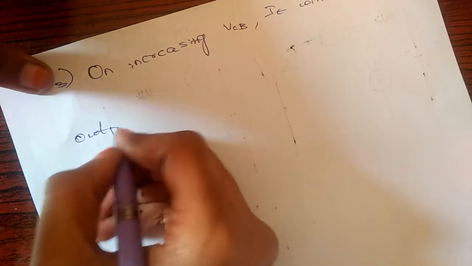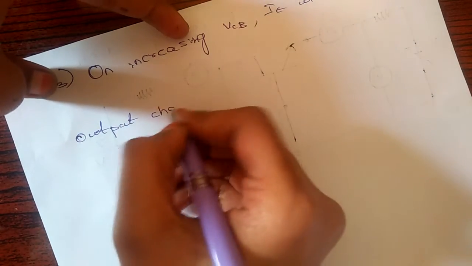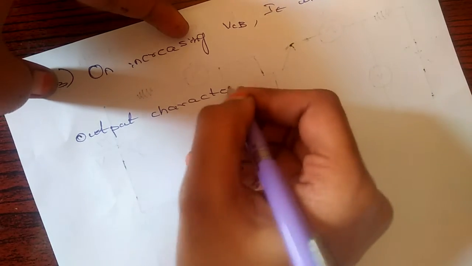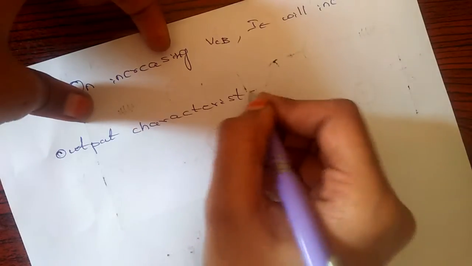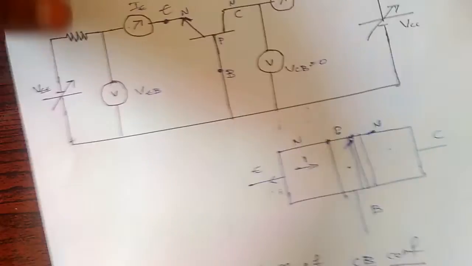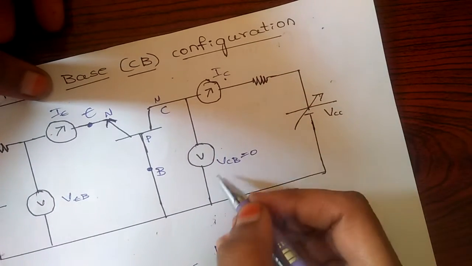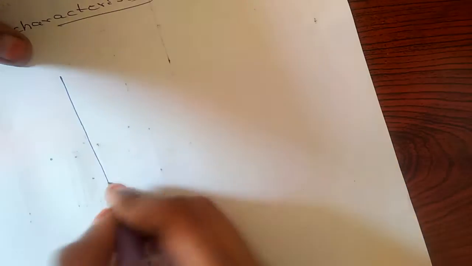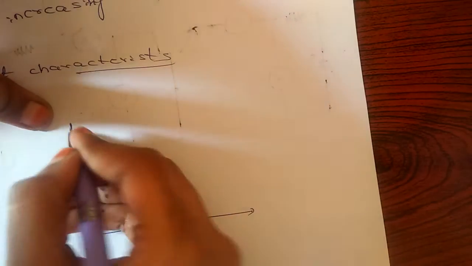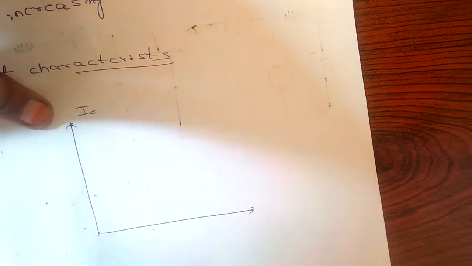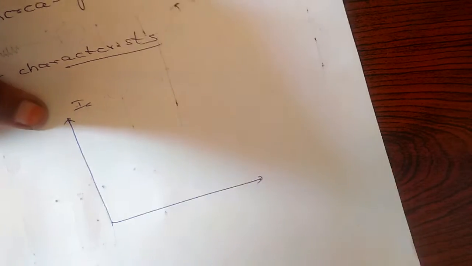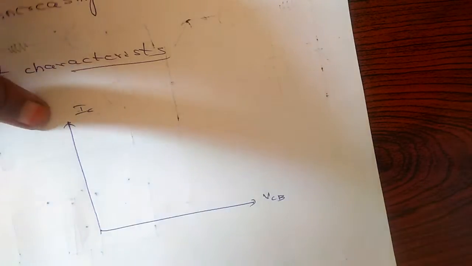So this is about the input characteristics. Let's see the output characteristics. Those are taken between IC and VCB.